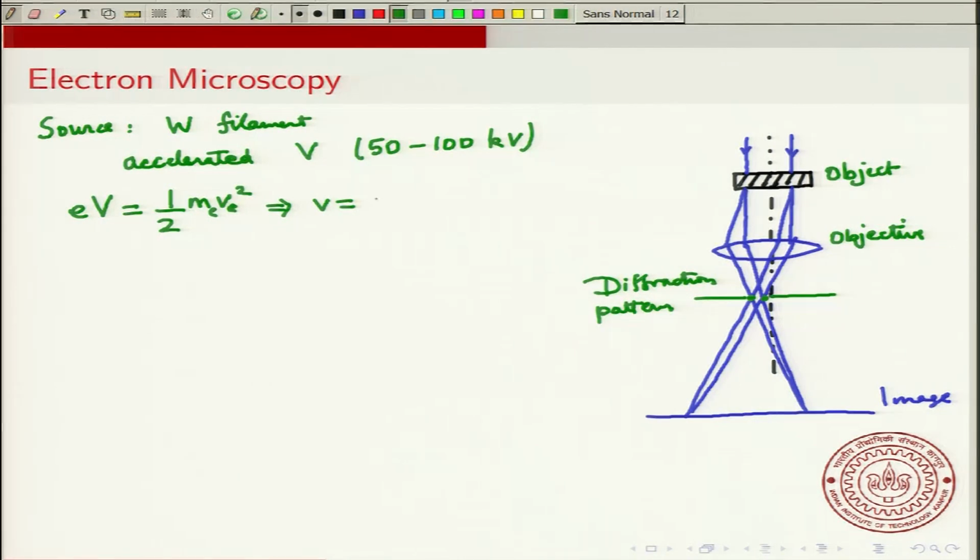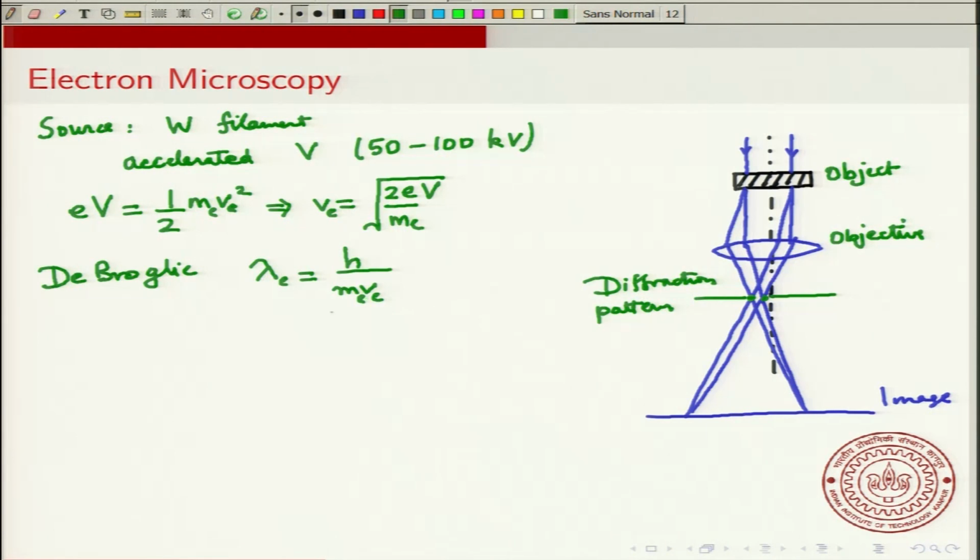This gives you the expression v_e is equal to square root of 2eV by m_e. And if you use the de Broglie hypothesis, the de Broglie hypothesis says that the wavelength of the electron, lambda, should be h divided by m_e times v_e. h is Planck's constant, m_e is the mass of the electron times the velocity of the electron, that is the momentum of the electron.